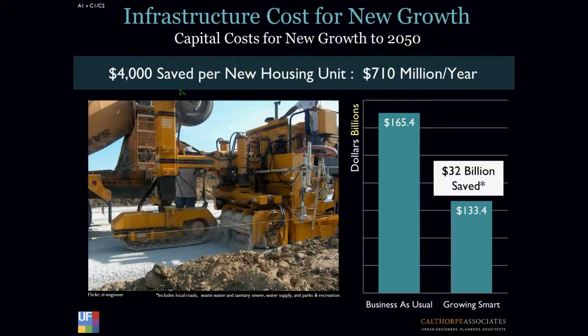A critical one: infrastructure costs for new growth. One of the things that we really look at carefully is the capital costs for building and maintaining. The capital costs first for building local roads, utilities, wet and dry utilities, sewer, things like that. And the costs are very significant in every city, every region. These are the statewide numbers, looking at a nearly $32 billion savings in the capital infrastructure costs associated with supplying services to new and existing growth.